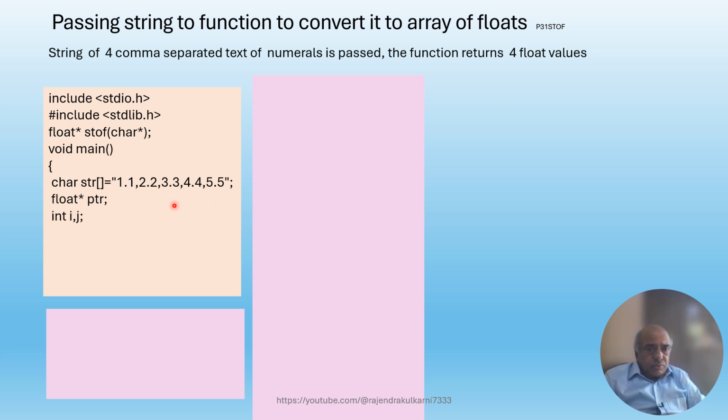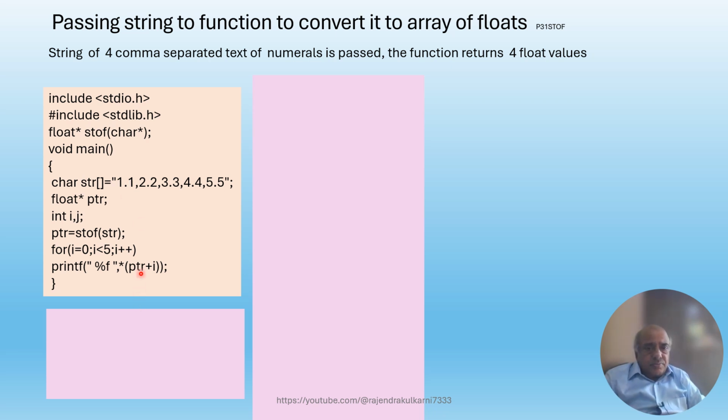Then we have declared a float pointer ptr, because this function s2f is returning a pointer to a float array. Then we call the function: ptr is equal to s2f of str. So the parameter which we are passing is the address of the str string of this main function.